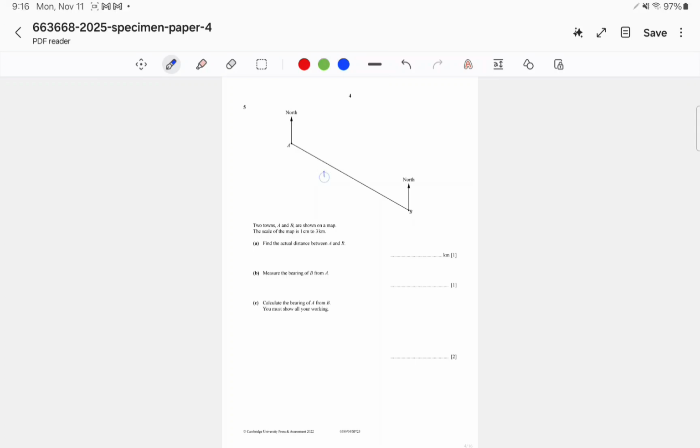So 1 centimeter equal to 3 kilometers. Therefore 11 centimeter is equal to 11 into 3, it is 33 kilometers. Its actual distance is 33 kilometers.